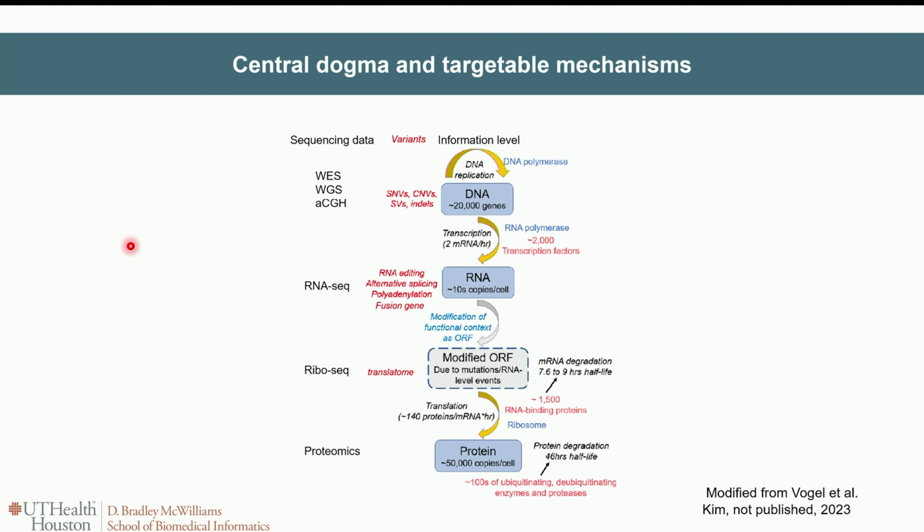This image I edited from the image by Dr. Vogel. We have biomolecular units like DNA or RNA, and modifications happening at the DNA or RNA level will be reflected in the ORF, and then finally translated into proteins.